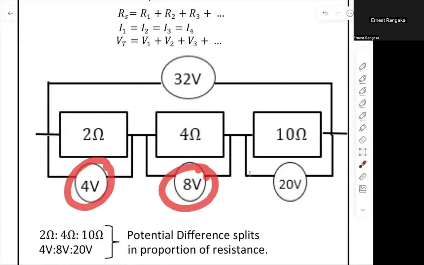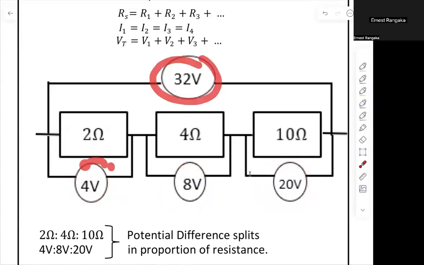None of these can be bigger than this amount up here. They can't be, because this amount has to add up to this plus that. So if I've got 4 plus 8 plus 20 giving us 32 volts, I can't have any of those being bigger than their own sum. And your V external is the sum of all the voltages, right?